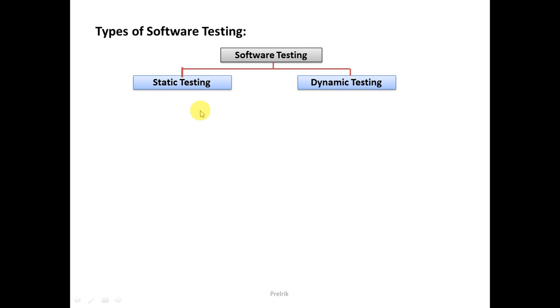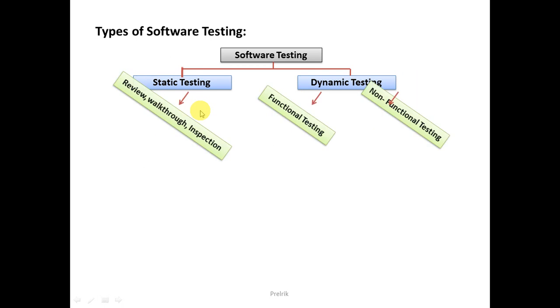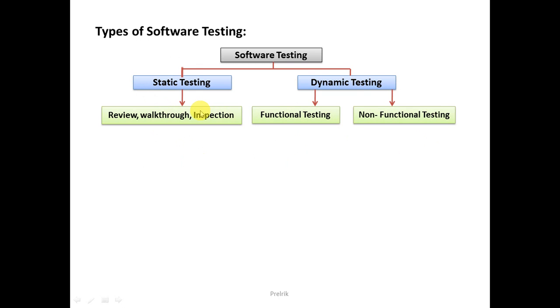So what does it mean? It means validating and checking the documents that were created before the coding begins, or even if the coding has begun, there are certain ways of performing static testing on the code of that area. Okay, so let's see how we can achieve it. There are some ways of performing static testing, which are review, walkthrough and inspection.